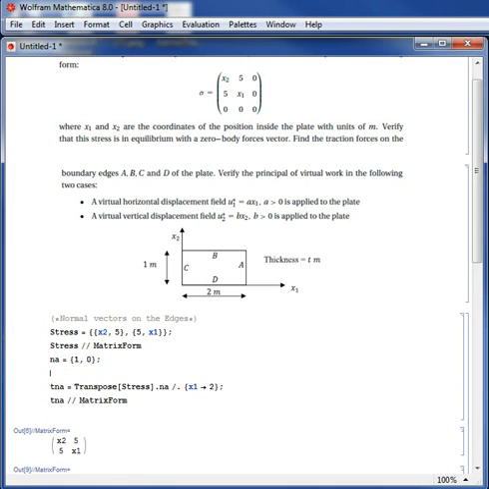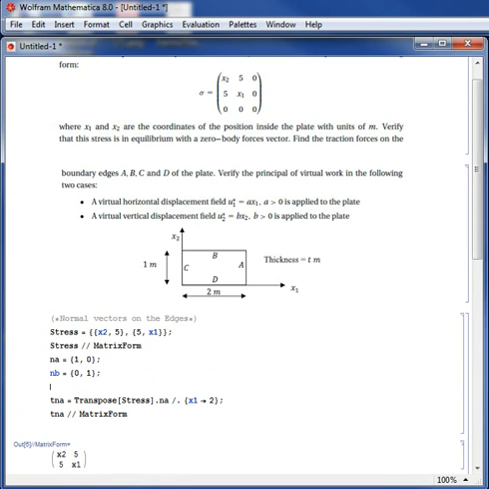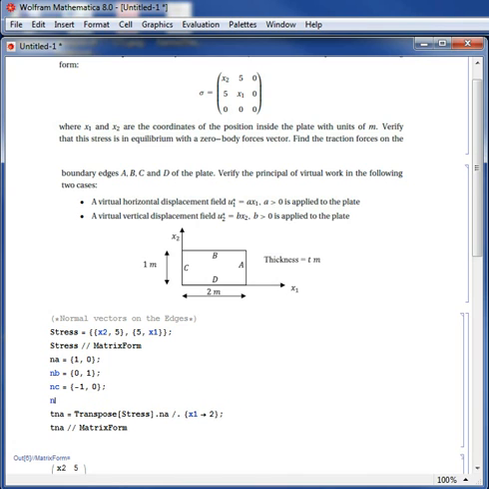So all the normal vectors on the edges: NB is equal to 0, 1, NC is equal to negative 1, 0, and ND is equal to 0, negative 1.